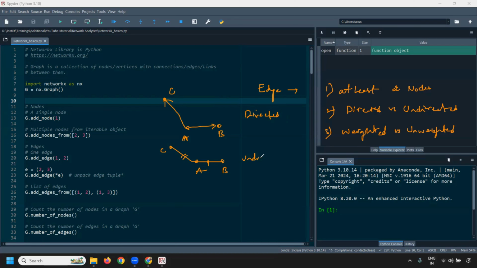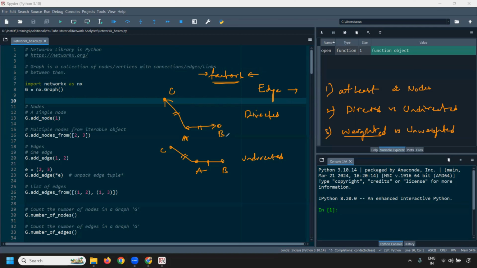On top of this, if I bring in weightages, I want to understand the distance between these two, three airports. Or if I want to understand whether this route is more efficient or that route is more efficient with respect to, let's say, sales or fuel consumption, etc. Whatever the factor that we want to analyze these connections with, we can assign these weights to quantify those factors.